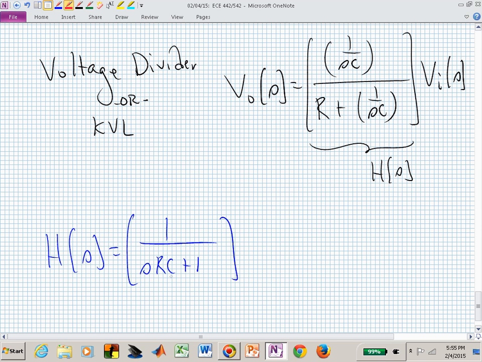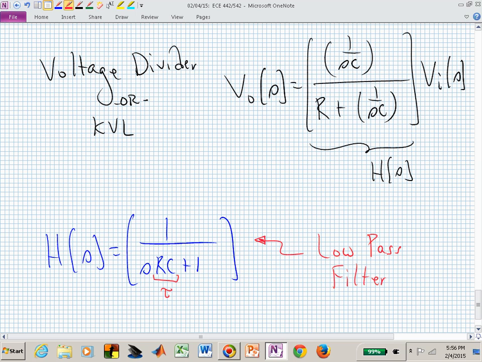And if you wanted to, you could think of this as some time constant tau. Is that making you feel warm and fuzzy? This is an analog low-pass filter. You should feel fairly comfortable with that.